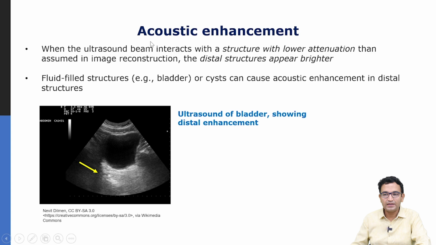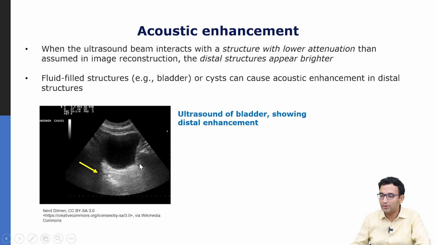A similar effect is acoustic enhancement, where if the ultrasound beam interacts with a structure with lower attenuation than assumed in image reconstruction, the distal structures appear brighter. So, here you have some tissue which is a cyst. There is not much attenuation, but your ultrasound reconstruction approach actually thinks that this tissue is attenuating the signal, and therefore it enhances the signal, and this enhanced signal appears as a distal increase in the signal.